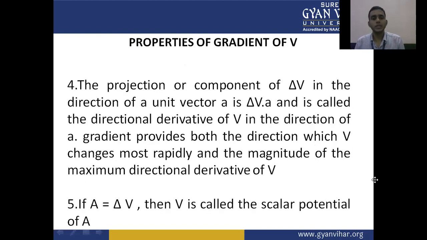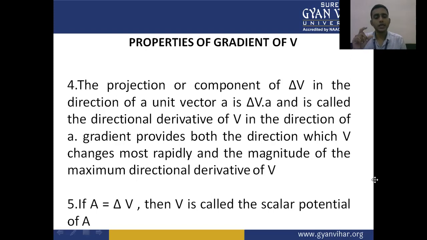Next property of the gradient: the projection or component of del V in the direction of a unit vector a is del V dot a. It is the projection in the direction of the unit vector and is called the directional derivative of V in the direction of a.